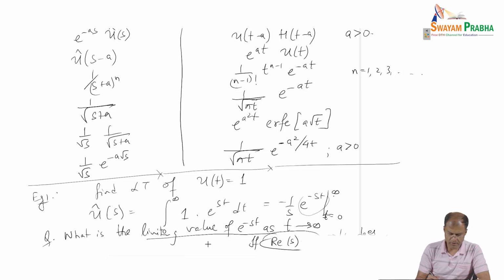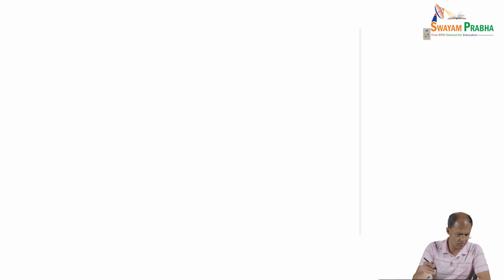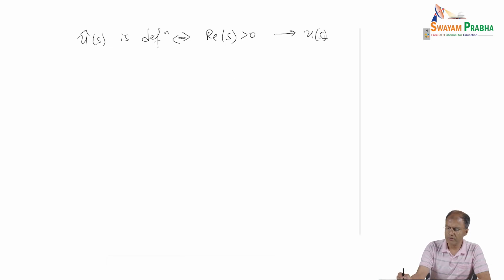So for u hat of s to be defined, it implies that the real part of s must be greater than 0. And also in that case, u hat of s comes out to be 1 over s, that is when we plug in the limits. Okay, so we need to be careful when evaluating the Laplace transform, as that example has shown us. That is, we need to define what is the domain of s.